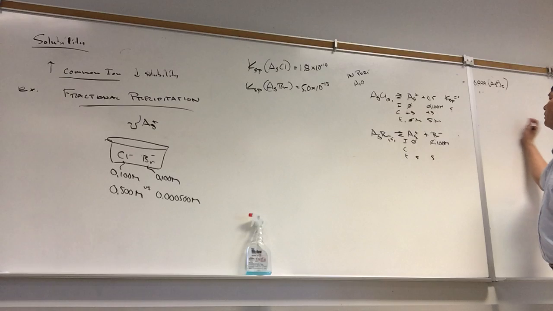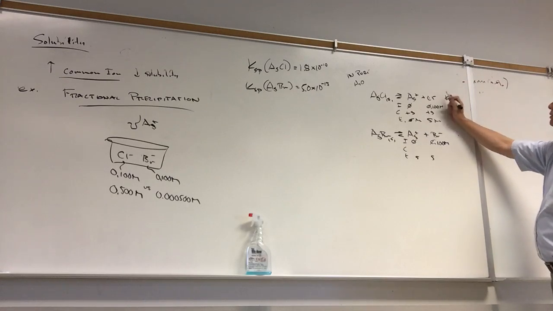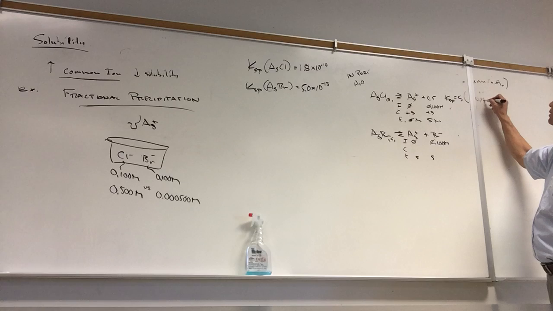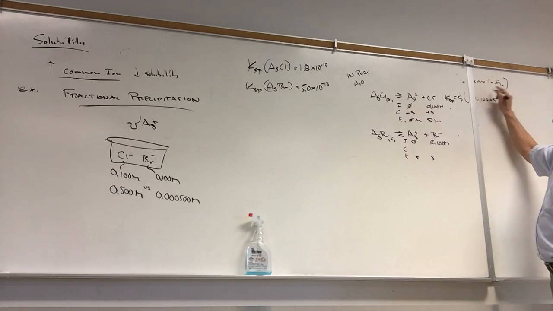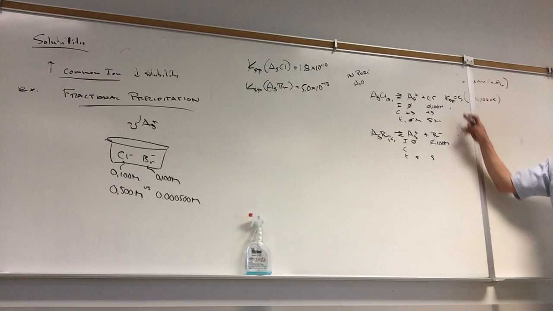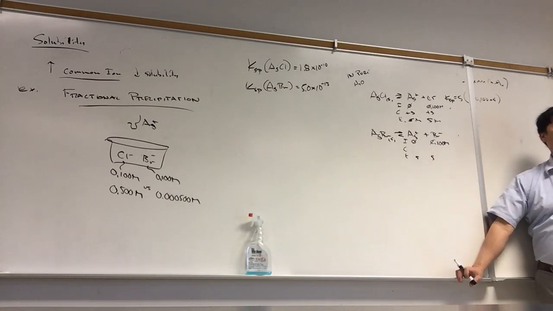As I originally wrote, the solubility is going to be slightly different. The solubility now is going to be S times 0.100 plus S. And the solubility is going to actually have been decreased. But it turns out it's going to impact both of these the same, right?